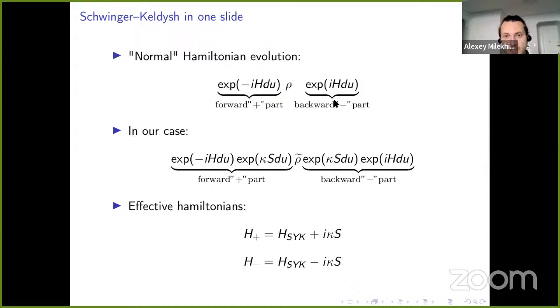This is the origin of plus and minus in the Schwinger-Keldysh notation. In our case, the forward part has exponent of plus kappa as du, and the backward part will also have the same operator here, so that it preserves hermiticity.